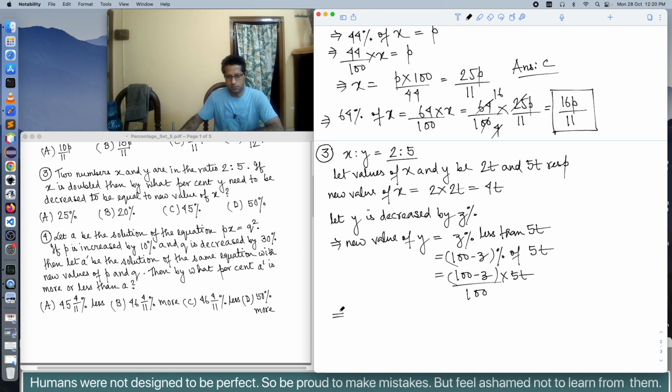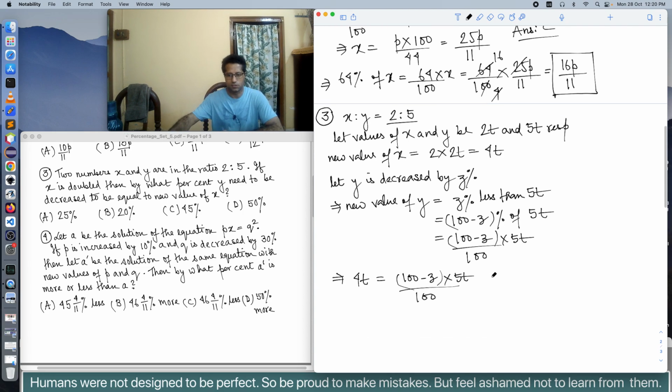So as per the problem statement, we must have the new value of X equal to the new value of Y. That is, we must have 4t equal to 100 minus z multiplied by 5t divided by 100.